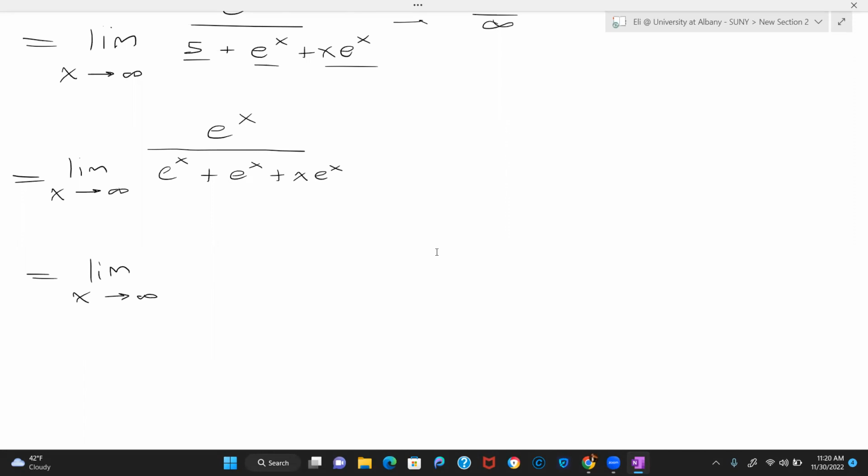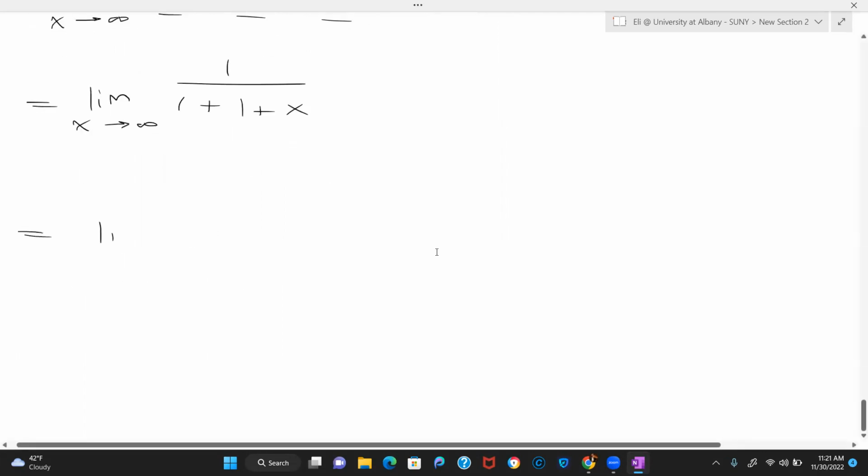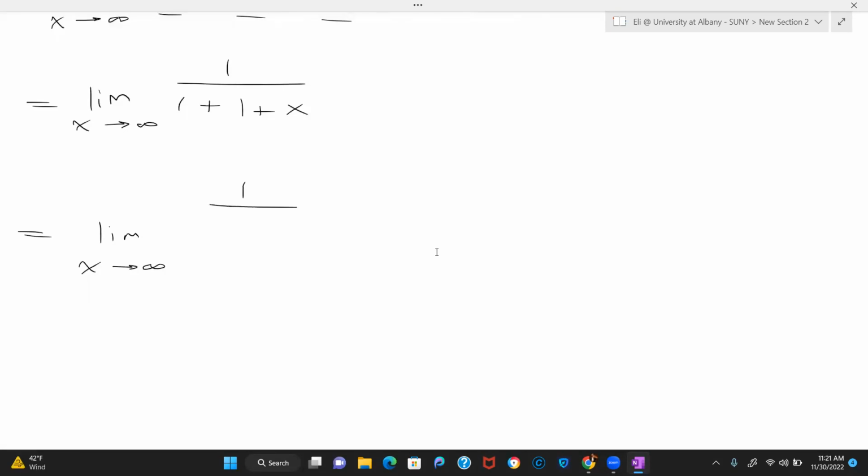So we have e to the x in each term in the denominator and in the numerator, so we can cancel that out to get 1 over 1 plus 1 plus x. And then finally, you get 1 over 2 plus x, and this goes to 0. So that's the answer for that one.